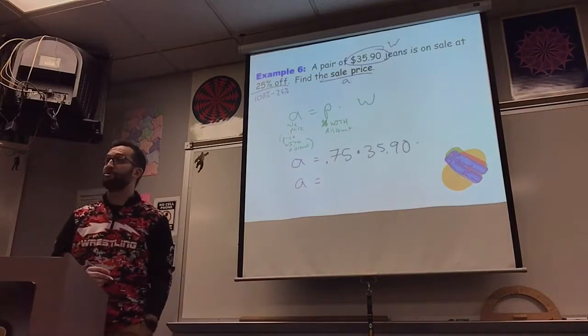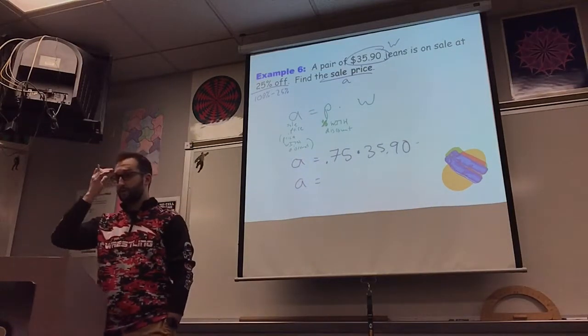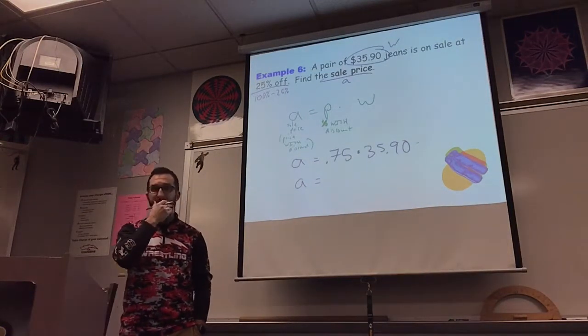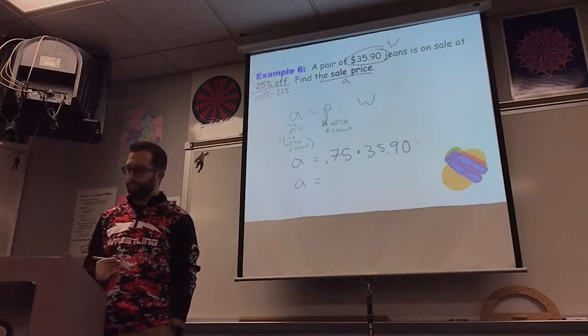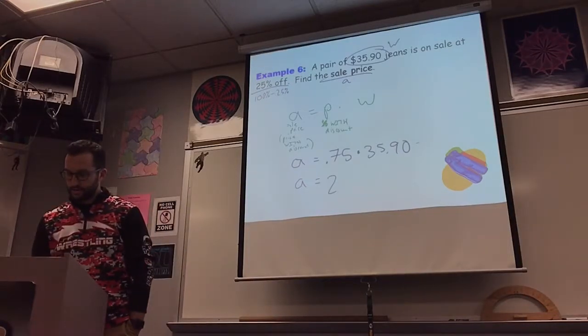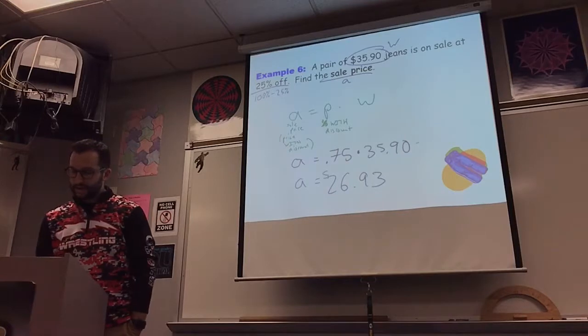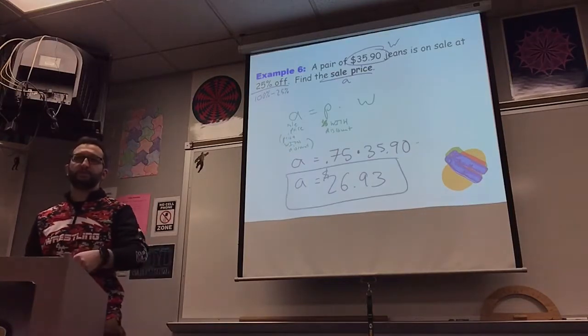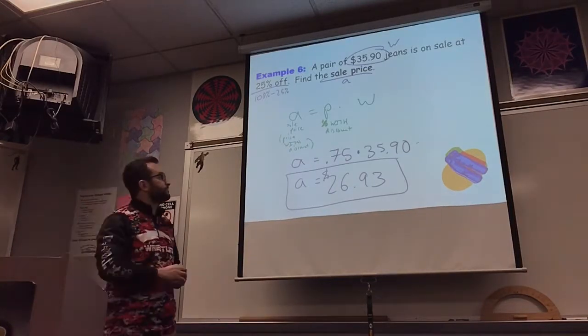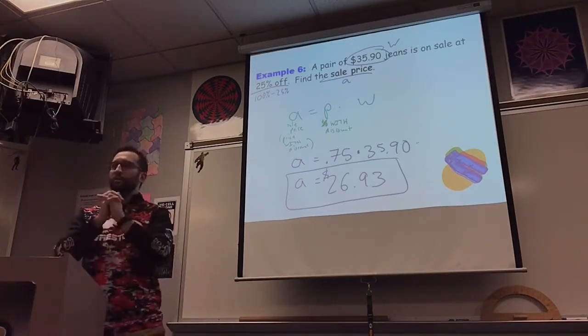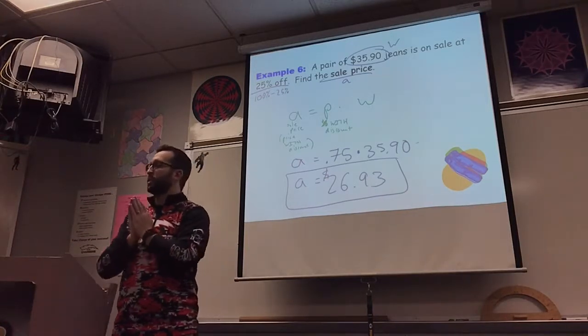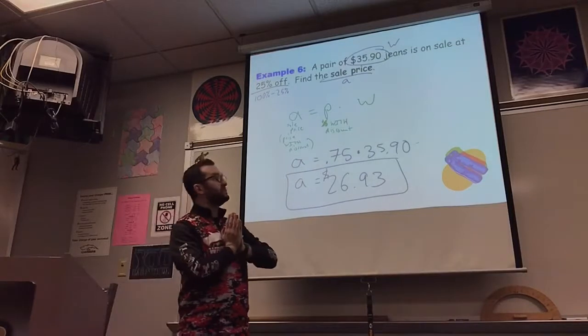Calculator people, make sure you round correctly on this one. Yeah, go ahead. $6.93, and it should make sense that it's cheaper, right? Because it's 25% off. Once again, what mattered was what you decide A and P to be.